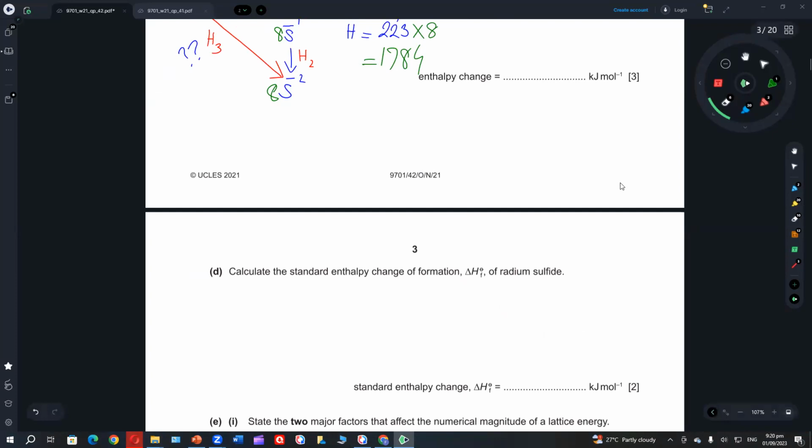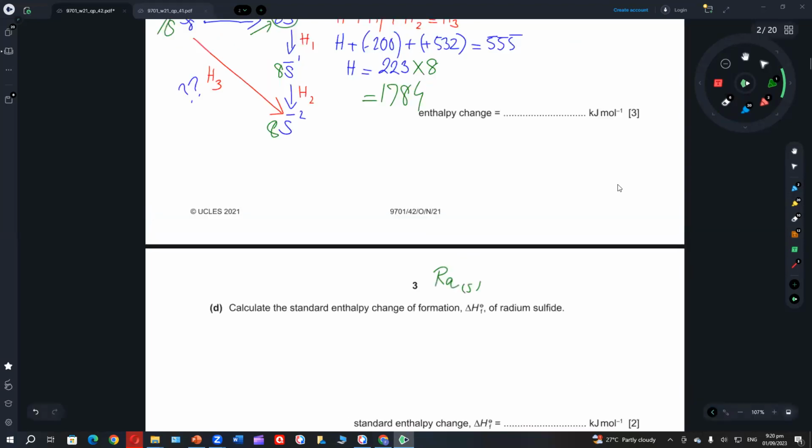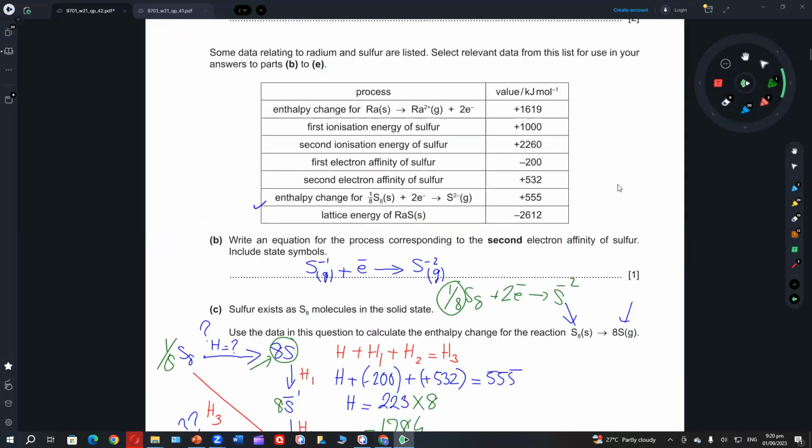Enthalpy change of formation is making something from the elements in their standard state. So radium by nature is a solid, plus sulfur, solid.